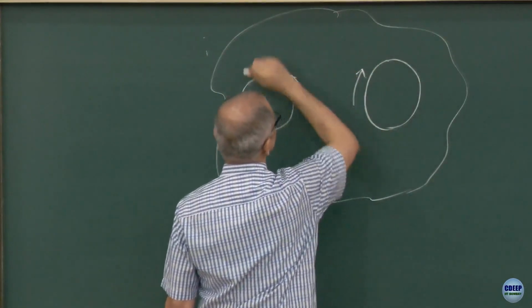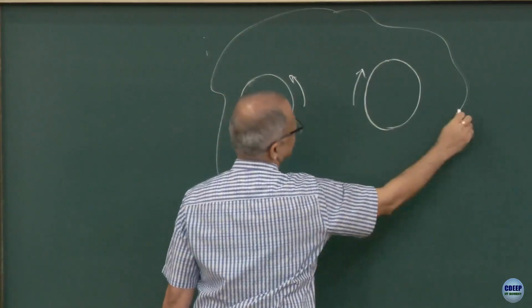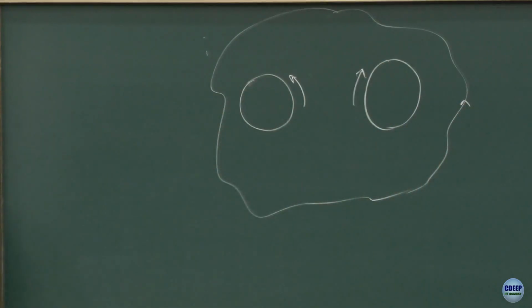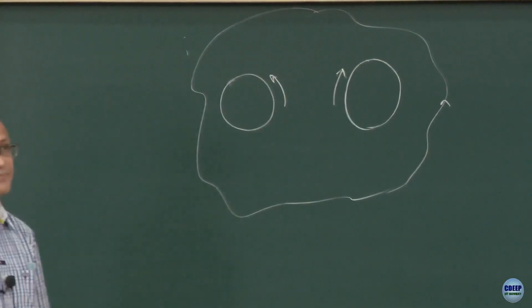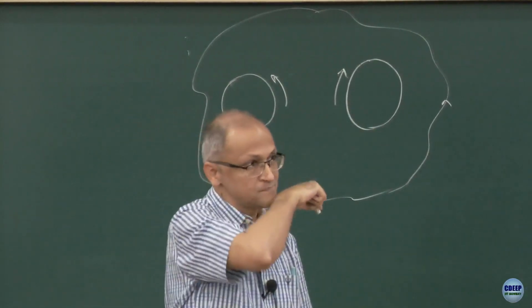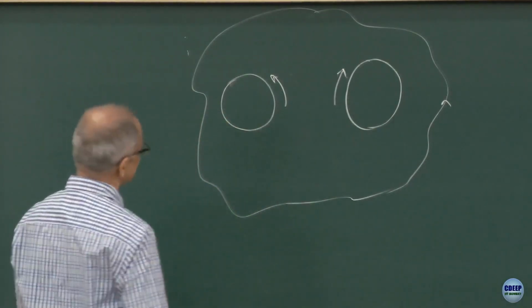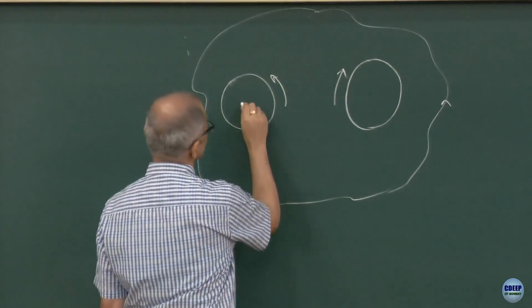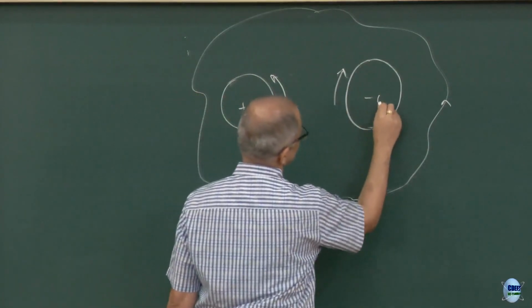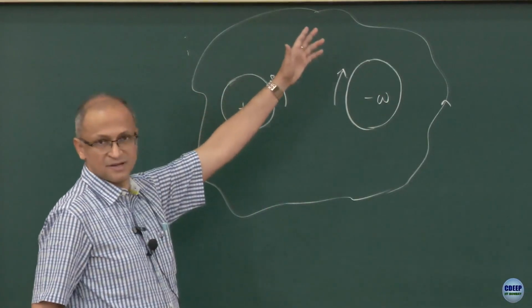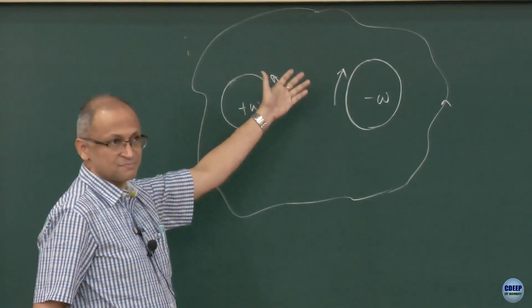I just want to move along some path and see what is the circulation which is there. What do you expect? Zero. Why? Yes, because they are of opposite direction. So this is plus omega, let us say, and this is minus omega, and they are occupying the same area, the same size, same vortex.